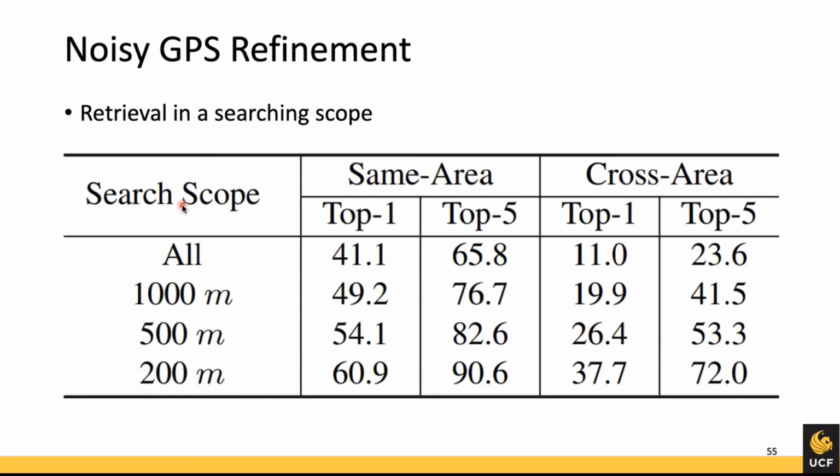So in this way, your search space is much reduced, right? Because you are using the noisy GPS as a reference, and just search within the radius around that center. So as you can see, with the search space becoming smaller, right, in terms of the radius, the accuracy is able to improve because you don't have as many confusing examples in the retrieval process.